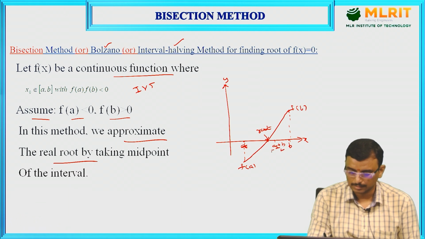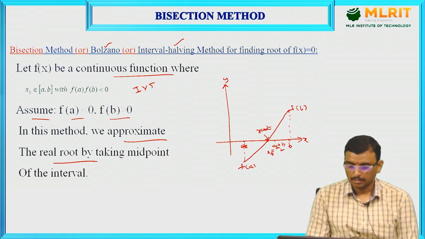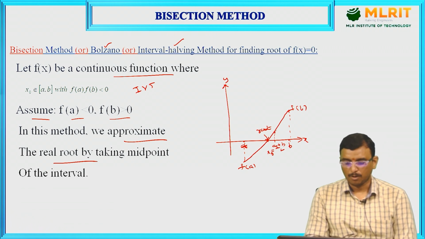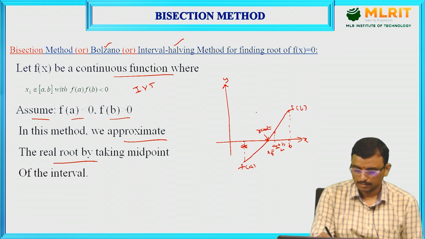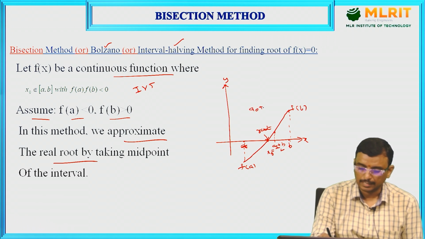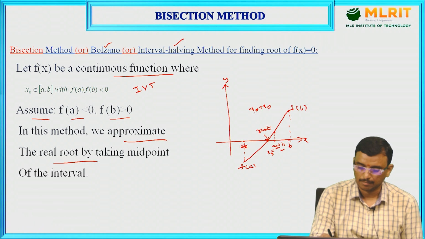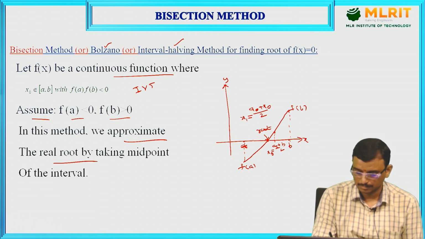Let us represent this with x naught. If my x naught is positive, then the root lies between A and x naught. I am dividing this interval, A plus x naught by 2, and this is say x1.